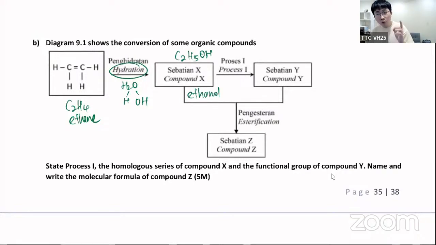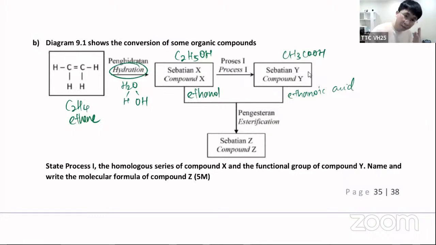Okay. Then you see process one, they never tell you anything. Y also they never tell you anything. But you see, you can take X plus Y to form ester. So if X is alcohol, then Y is supposed to be ethanoic acid, correct? Ethanoic acid is CH3COOH. That's how we know. And since these two are 2 carbon, your ester is supposed to be ethyl ethanoate.